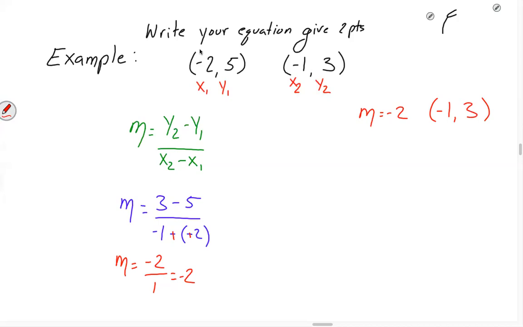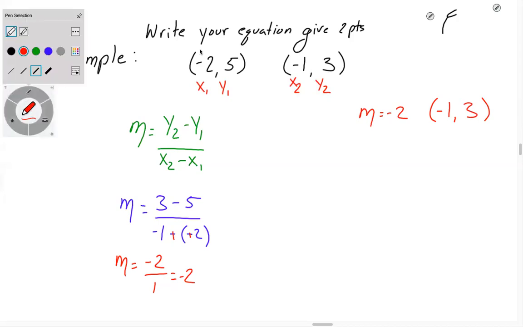And now we start the process over. Hope, what's step number 1? y2 minus y1 and then x2 minus. Okay, that's for finding the slope.